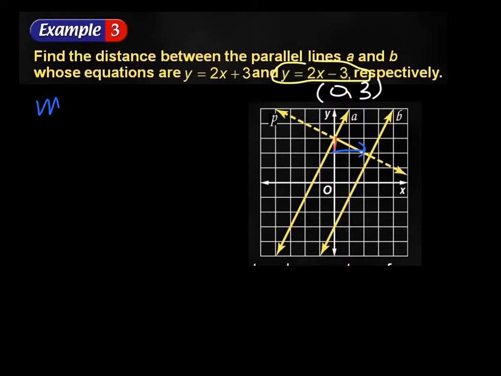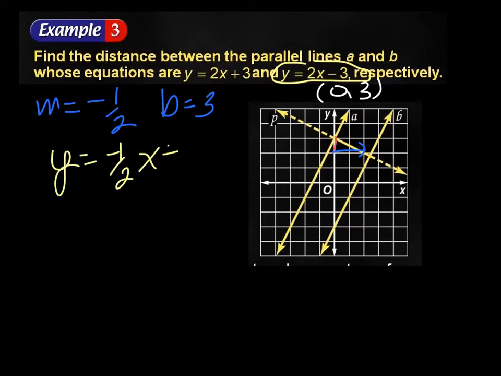So its slope is negative 1/2, and the y-intercept we said was 3. So the equation of our new line is going to be y = -1/2 x + 3, and we want to find where that crosses y = 2x - 3.